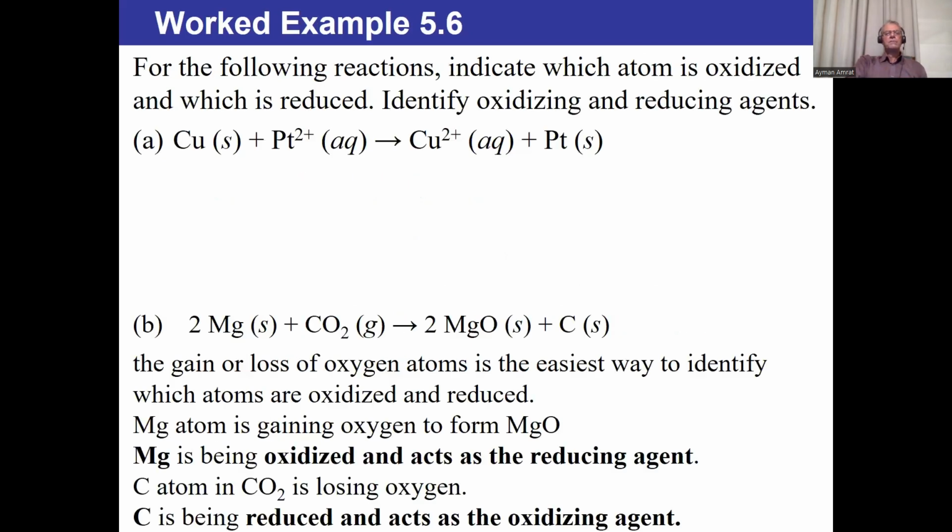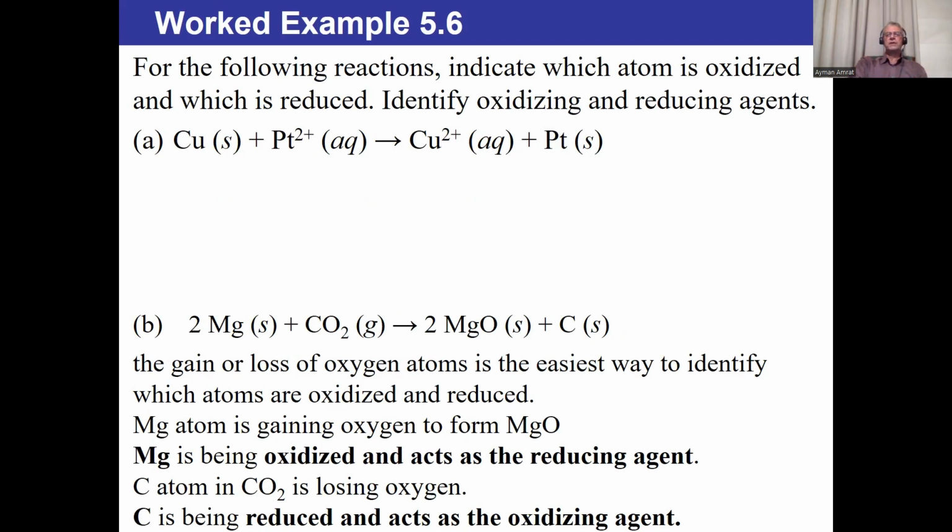Example: for the following reaction, indicate which atom is oxidized and which is reduced. Copper with platinum 2+ produces copper 2+ and platinum metal. The copper changes its charge from 0 to +2. An increase in positive charge means oxidation, so Cu is oxidized, converting from elemental metal to the +2 cation.